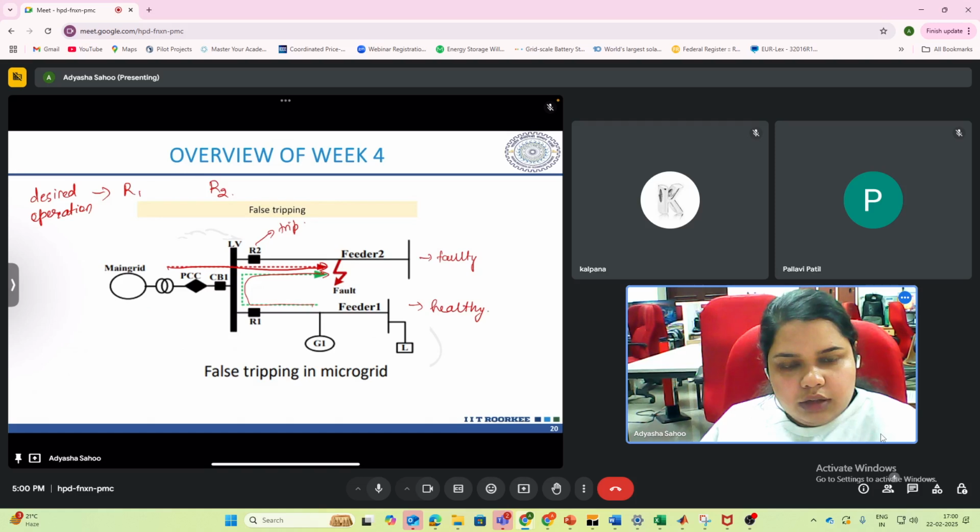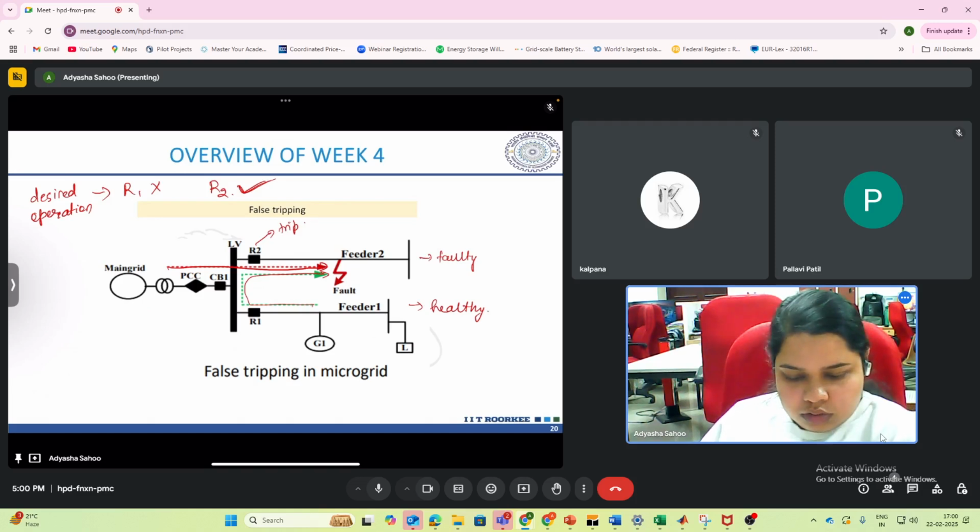Should R1 operate? R1 should not operate because this is the healthy feeder. You don't want this feeder to get disconnected. So R1 should not operate and R2 should operate.